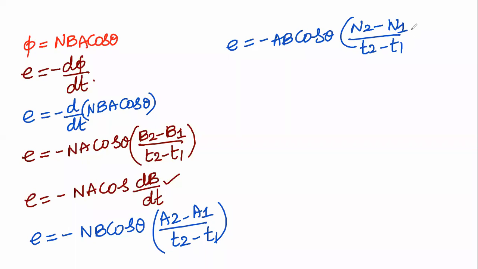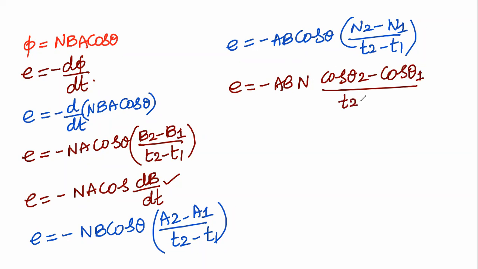Otherwise, induced EMF is equal to minus ABN into cos theta 2 minus cos theta 1 divided by T2 minus T1.